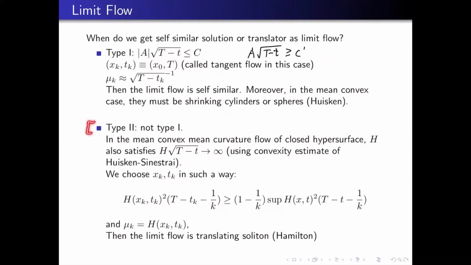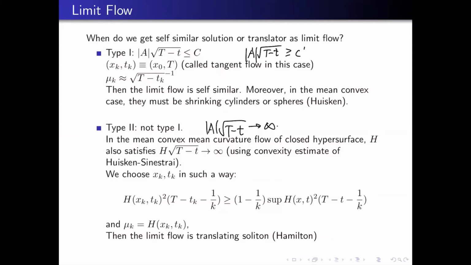Now, another case is type 2. It just is the complement of type 1, which means the curvature times the remaining time to the power minus a half goes to infinity.